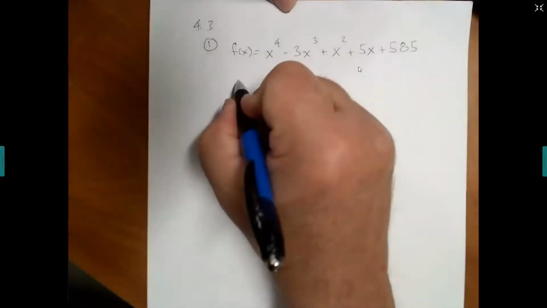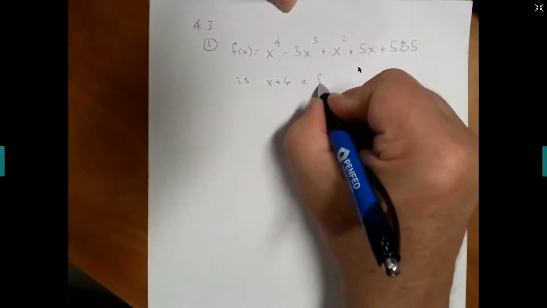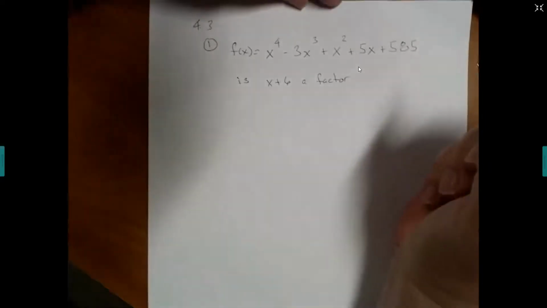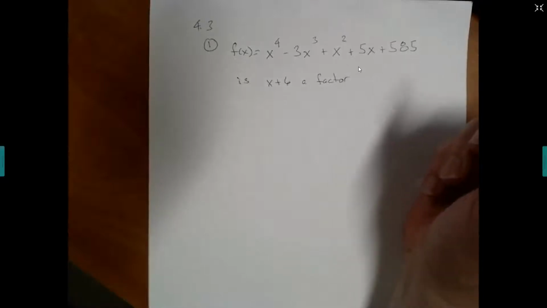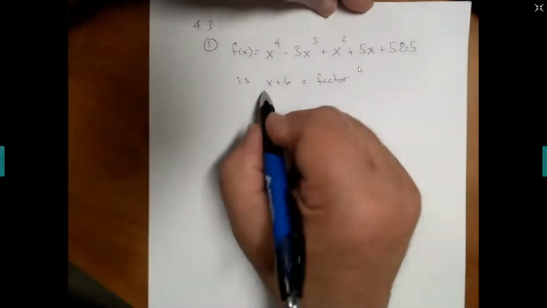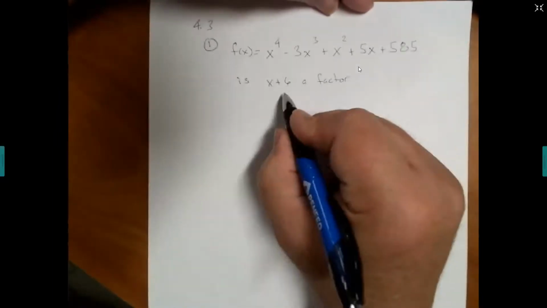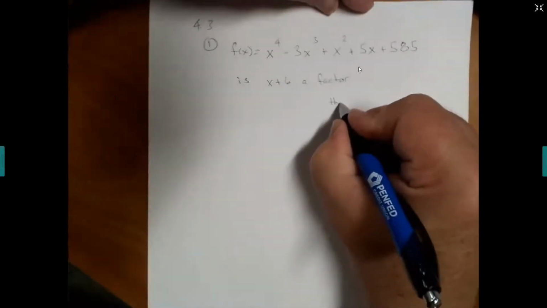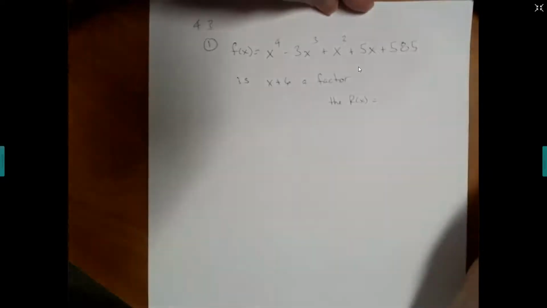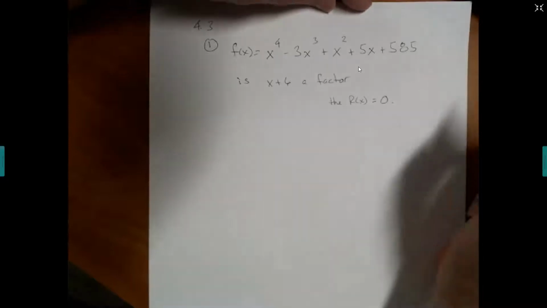It's asking us, is x plus 6 a factor? So how do we know if x plus 6 is a factor? If x plus 6 is a factor of this big polynomial, the remainder would equal what? 0, when we do division.